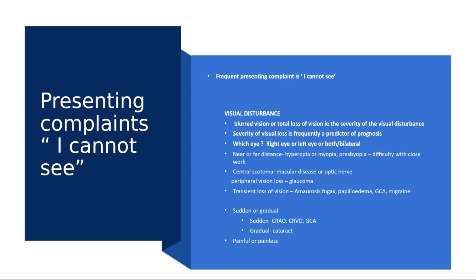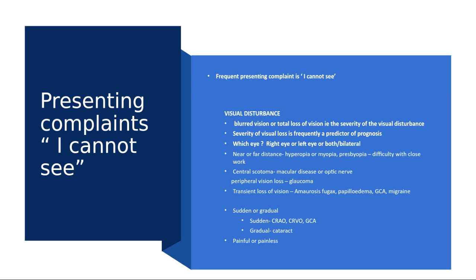Okay, so it's very important to find out, is the visual disturbance worse for near? Is it worse for distance? Are you having problems reading your fine print? Also important to find out, is the blurred vision in the center? Is it just a central scotoma?